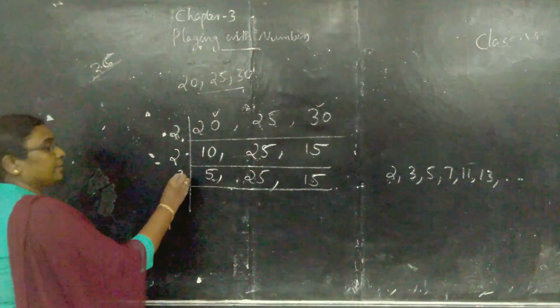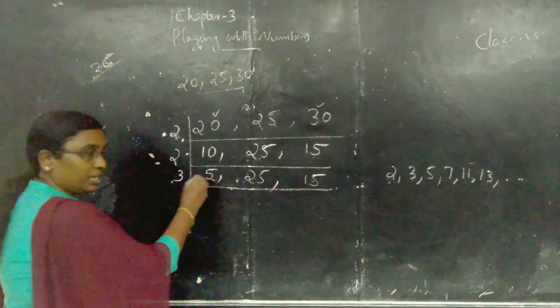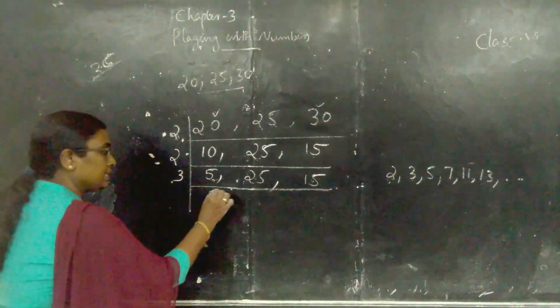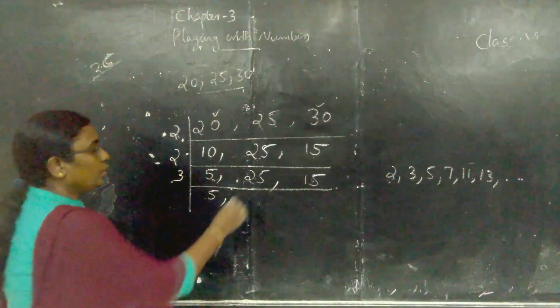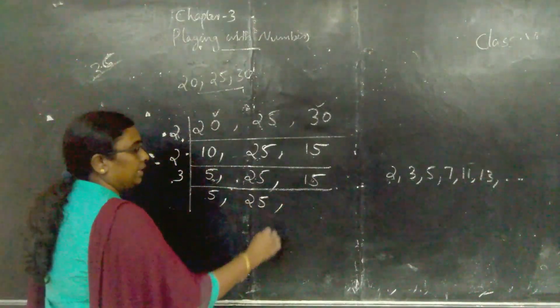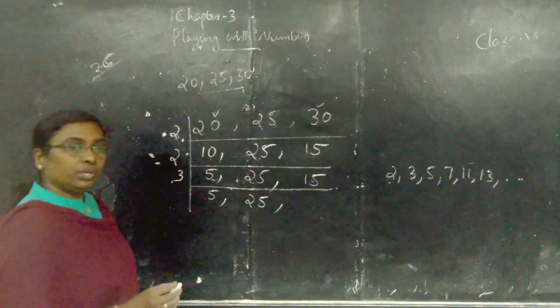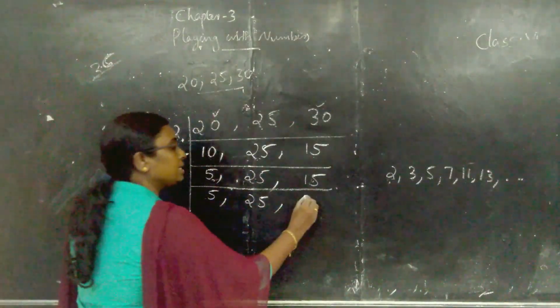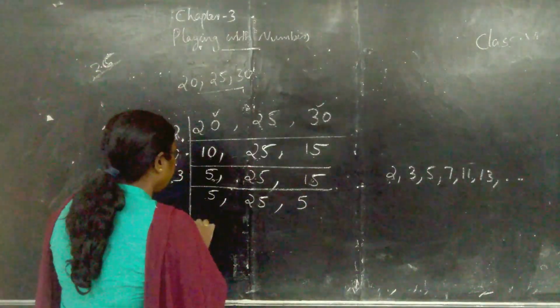So write 3 here. 5 is not divisible by 3, so write 5 as such. 25 is not divisible by 3, so write 25 as such. Then 15 is divisible by 3, so divide 15 by 3. 15 by 3 is 5. Write 5 here.